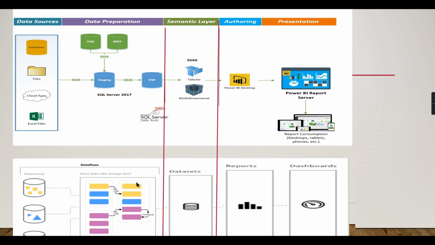You can do those transformations and keep that one ready, and this flow is separate from the other flow. You can refresh it frequently or a different number of times and keep it up to date. Then you can use these dataflows in your Power BI reports.